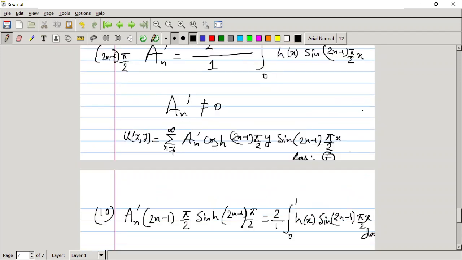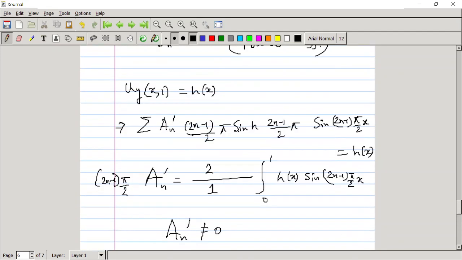This I got here. Here this whole constant (2n minus 1) pi by 2 sine hyperbolic is also there. Let me just rewrite this line.